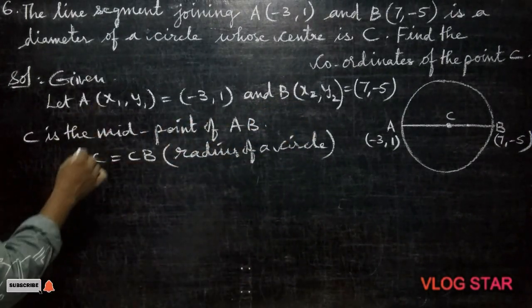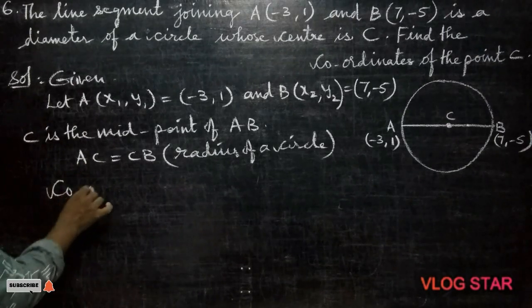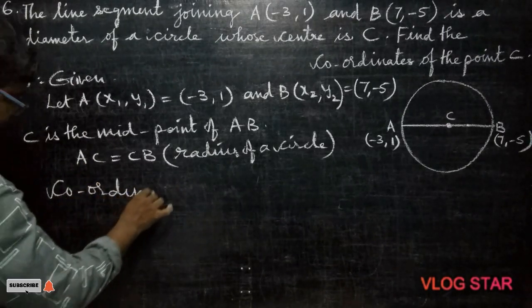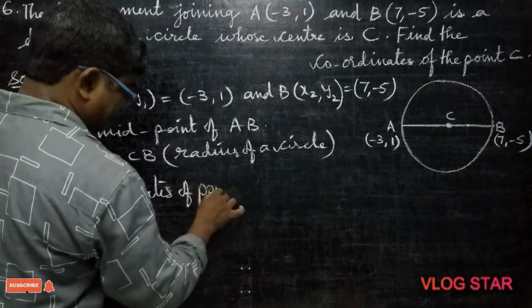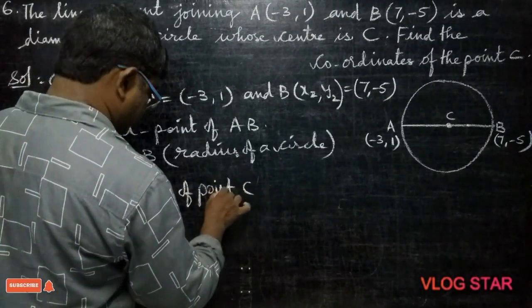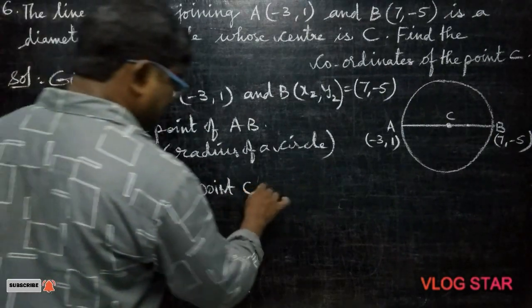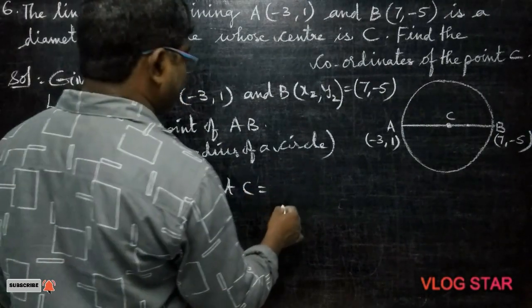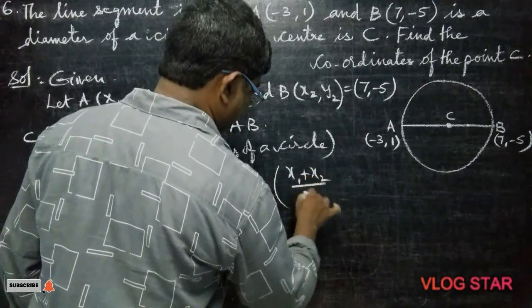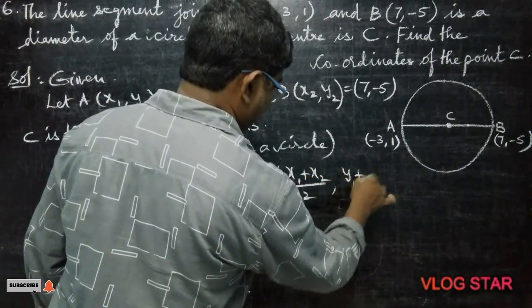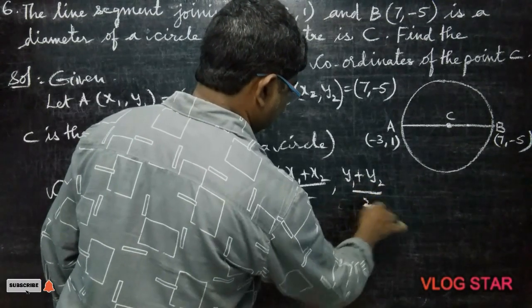So now we are going to find the coordinates of point C. Which formula are we going to use? The midpoint formula: (x1 plus x2) by 2 comma (y1 plus y2) by 2.